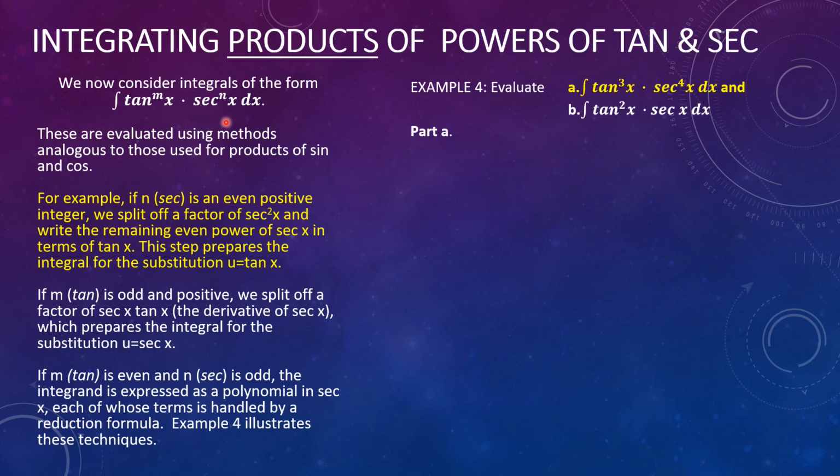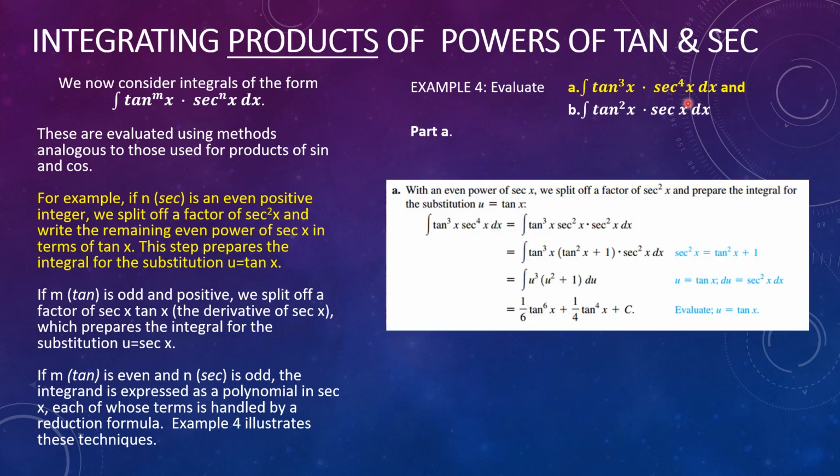Okay. We can see that the secant is an even power, so we're going to split off a factor of secant squared and write the remaining power of secant in terms of tangent x.